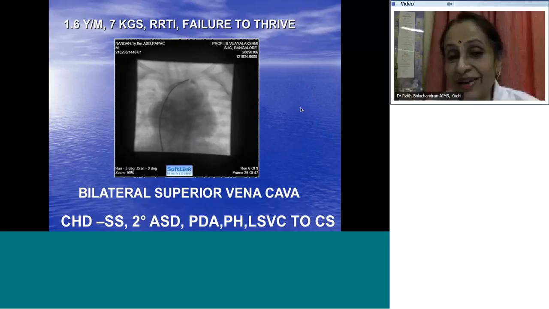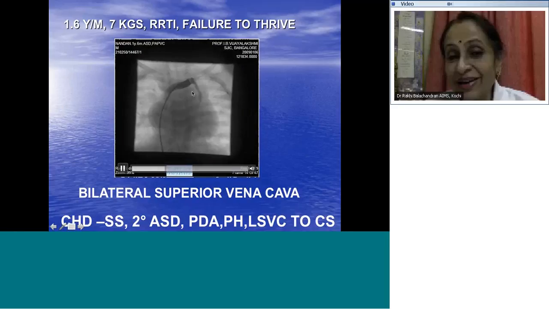Now, where is the catheter and what do you see? This patient had ASD, PDA, pulmonary hypertension. Now the catheter is in the innominate vein, correct?